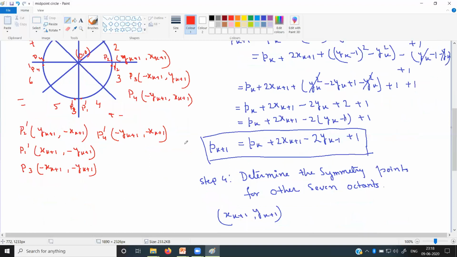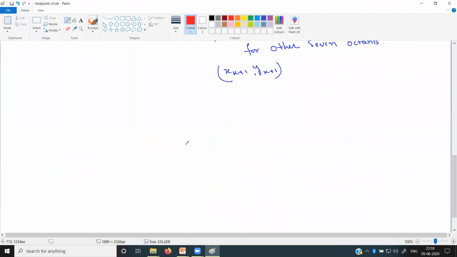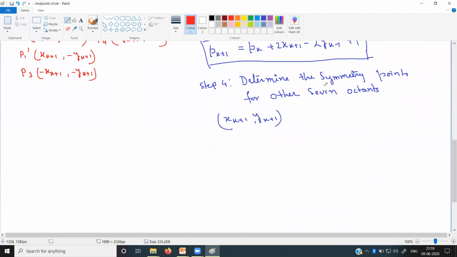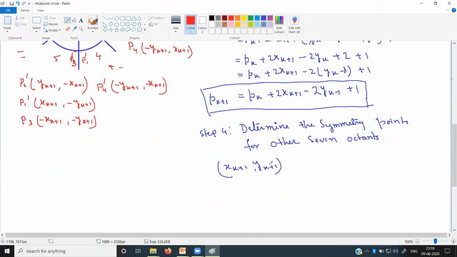So we will follow the same logic over here. What we have to do is determine the symmetric points for the other 7 octants. If the point on octant 1 is xk plus 1 and yk plus 1, then the points for the other 7 octants will be: yk plus 1, xk plus 1, and now we will find all the mirror images.